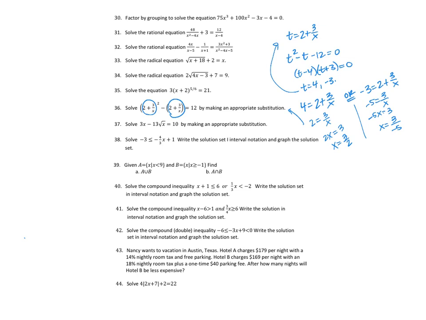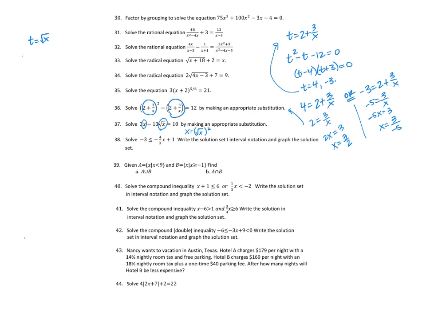For the next problem, we're going to solve again by making the appropriate substitution. And so what I see here is a square root of x, and then I see a plain x. And so we might think of that plain x as x equal to the square root of x squared. And so the substitution that I'm going to do is t is equal to square root of x.